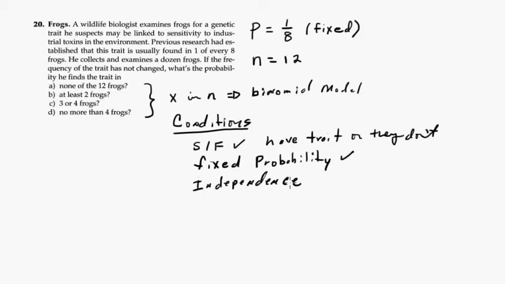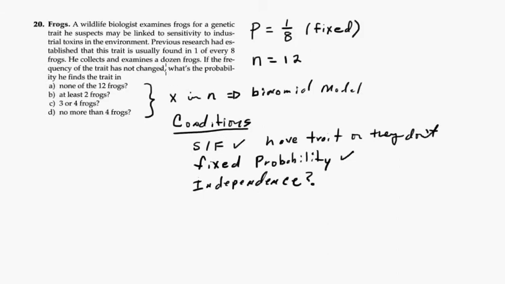So the question is, what about independence? Are the events independent? I'm trying to think through this, and I'm not too sure. It depends. They didn't give us a lot of information. If they sampled from all over the state, then probably so. But if they sampled the frogs in some local area, then probably not. So how can we deal with independence?